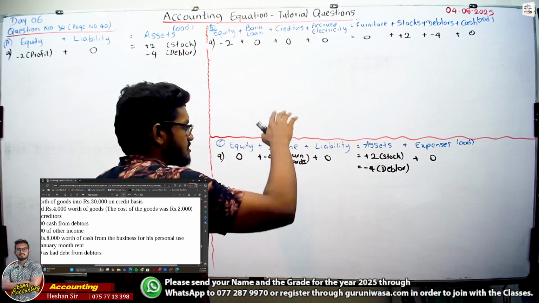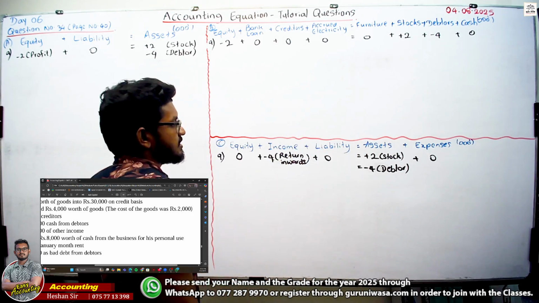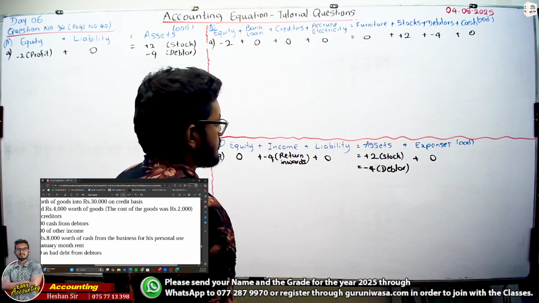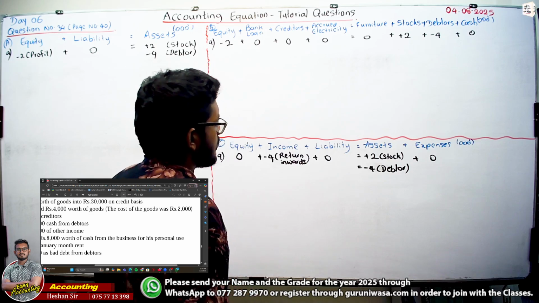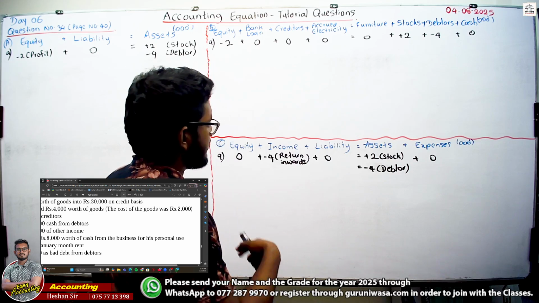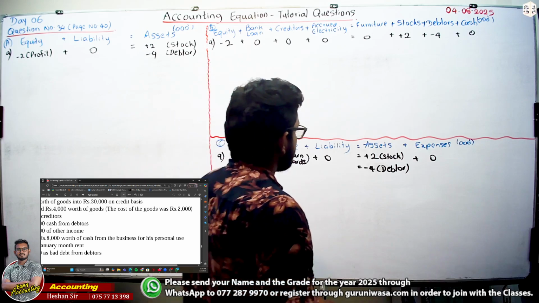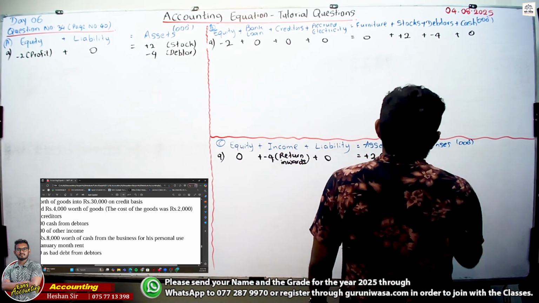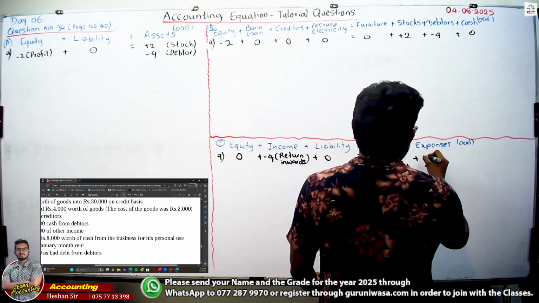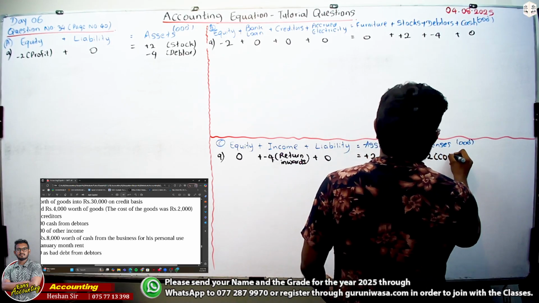When we return the goods, debtor asset decrease, return inwards decrease, right? So no liability, stock again increased by 2,000. So the only thing is expense decrease 2,000 as cost of sales.